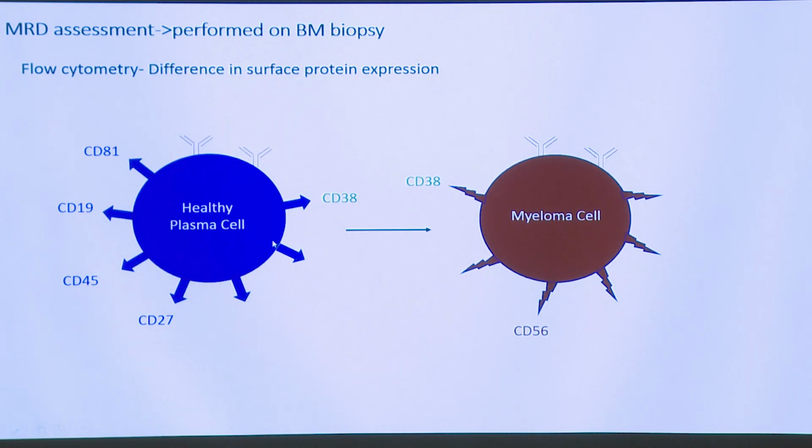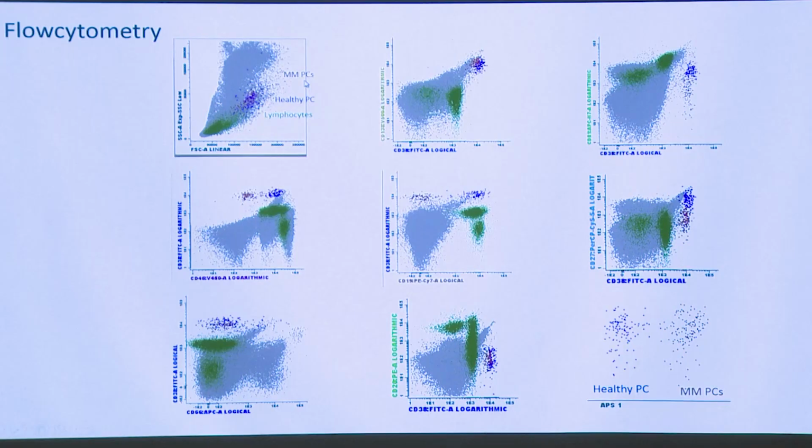So knowing that, we have a very elegant method with flow cytometry that is able to detect surface markers, and by doing so is able to detect plasma or myeloma cells on bone marrow biopsies where we otherwise would have thought they're in complete remission. So just looking at a flow cytometry template, to make it easy, the red cells are myeloma cells, healthy plasma cells are blue.